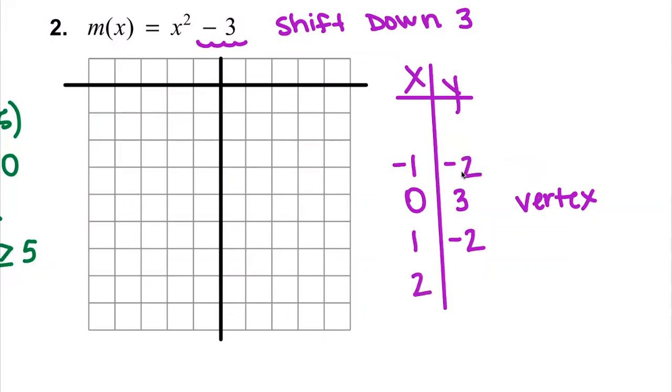Let's just go ahead and do a little bit more symmetry here. If we plug 2 into x squared minus 3, it's going to give us 1. We plug negative 2 into x squared minus 3. Negative 2 squared is 4, minus 3 gives us 1.